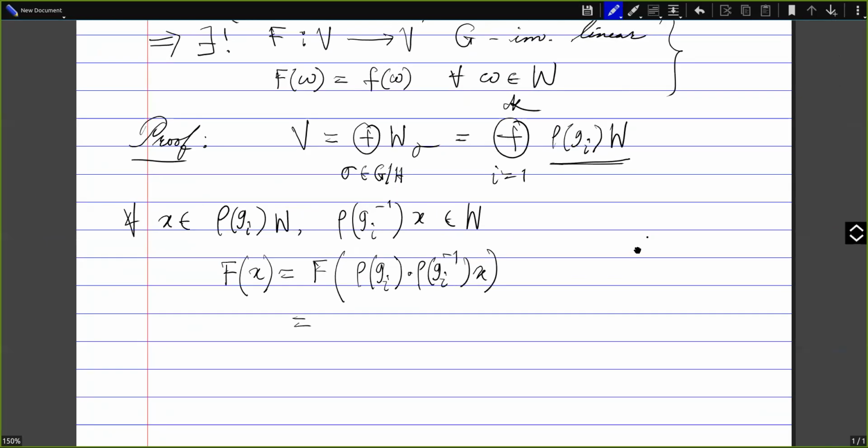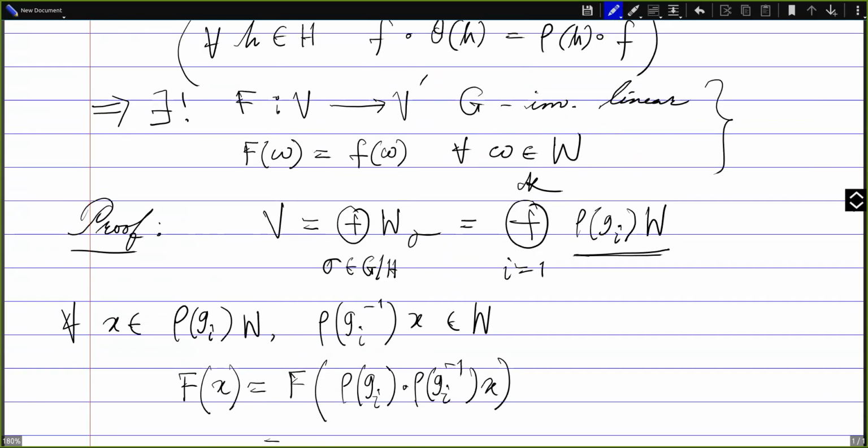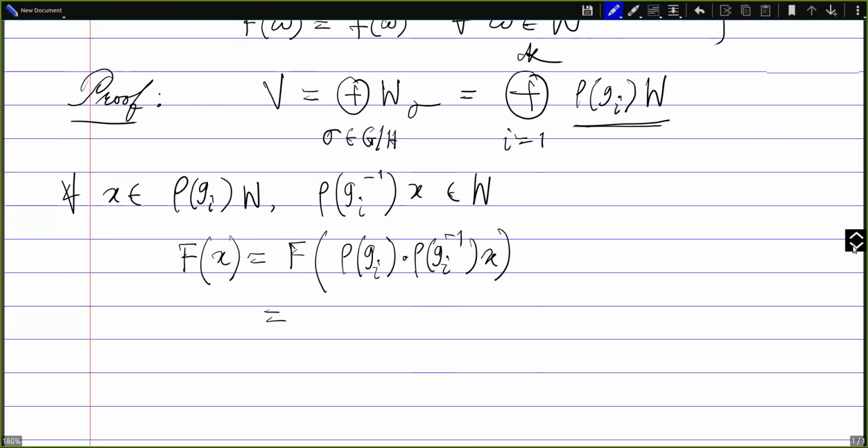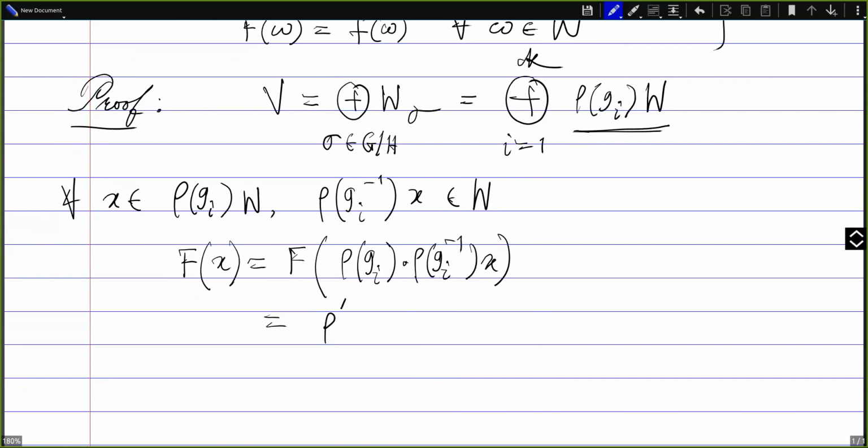Since f is assumed to be G invariant, this has to be rho prime(g_i) of f composed with rho(g_i) inverse x.